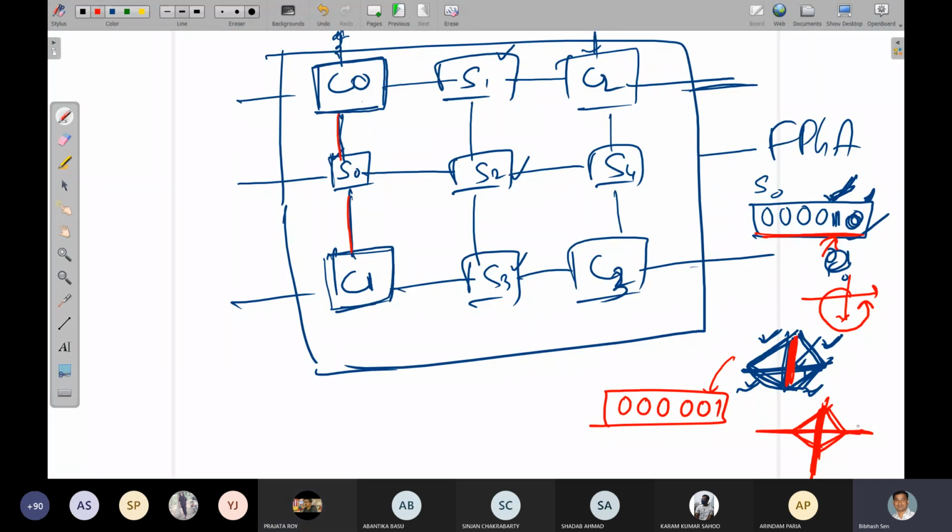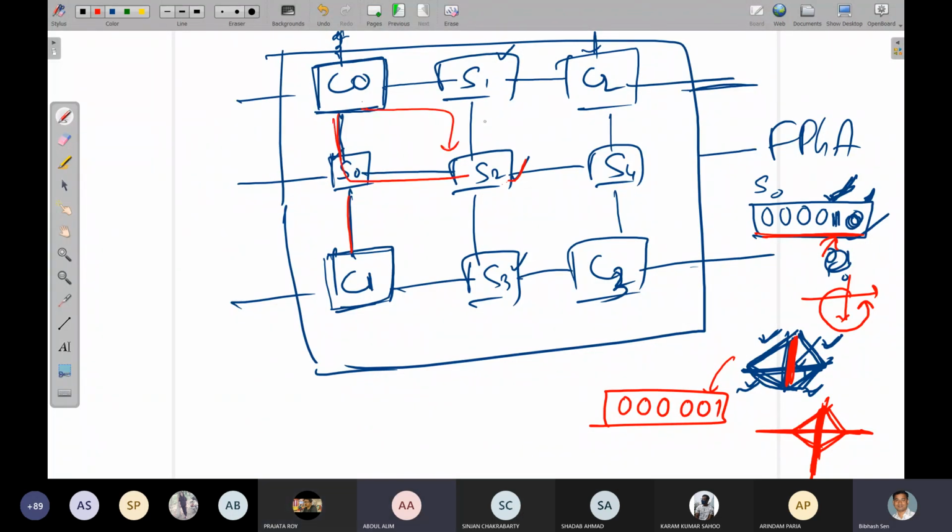Yes, tell me. Sir, in this convention, if we go from C0 to S2, for the S0 we can write C0 to S2, I mean S2. Yes, diagonal way. That means you have to go this way or you have to go this way.